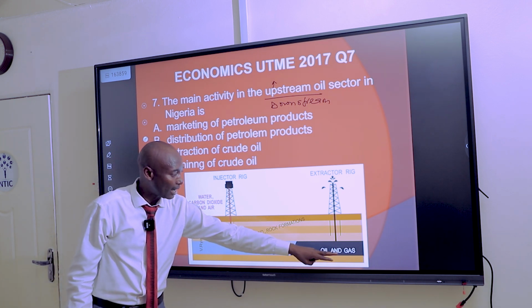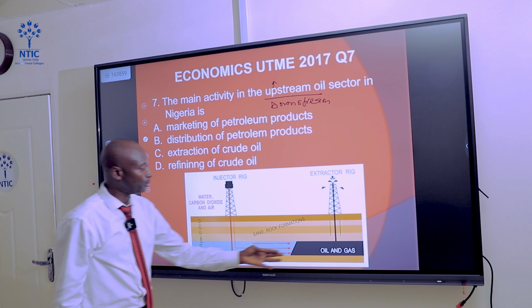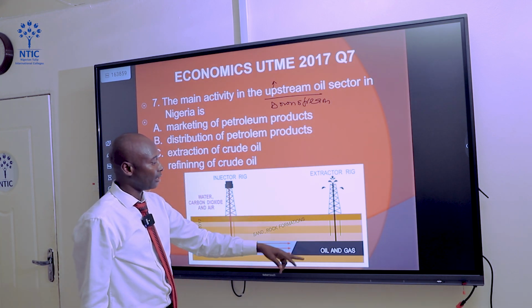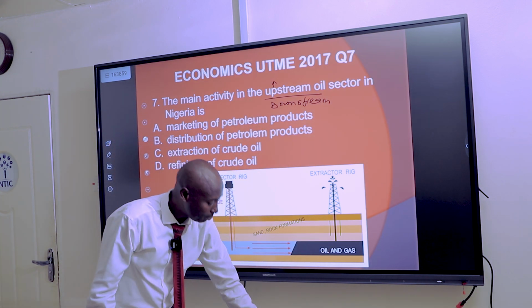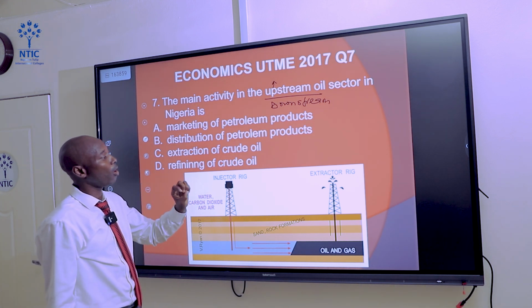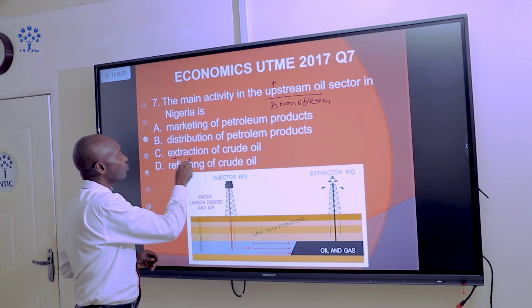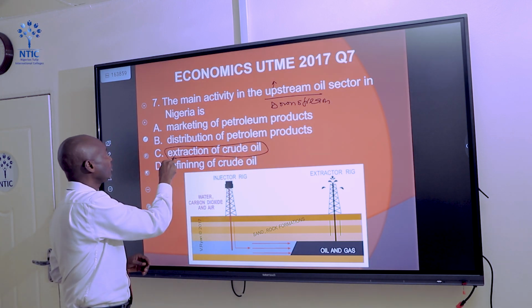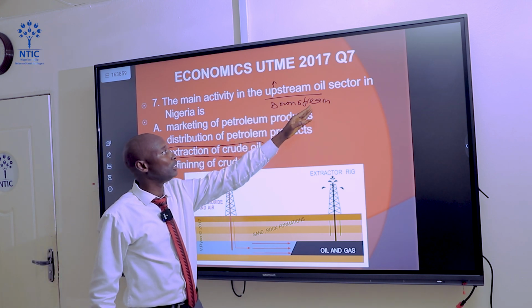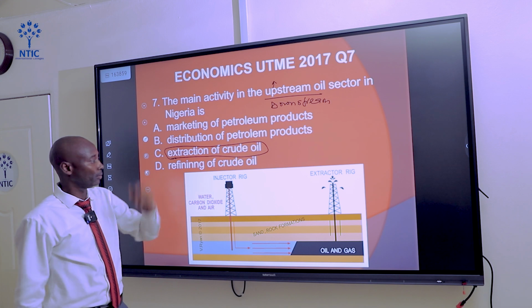Oil and gas is sitting beneath the soil, far down, so they have to drill to the core of where the mineral resources are lying before they can bring it out. That is what upstream is talking about. It's about the extraction of crude oil, while downstream is talking about retailing and selling of the final product.